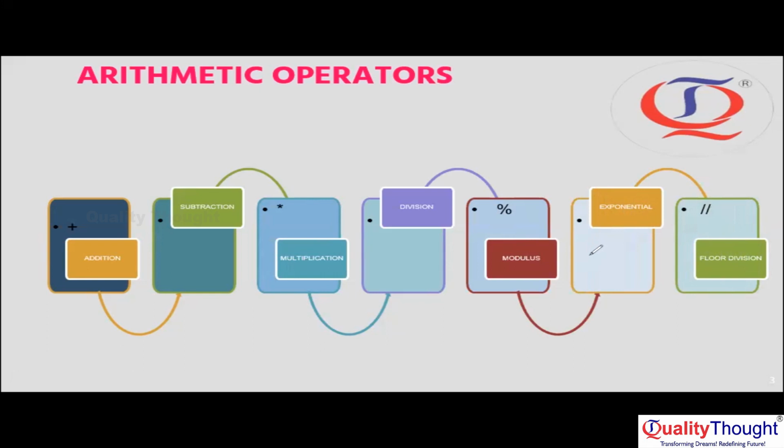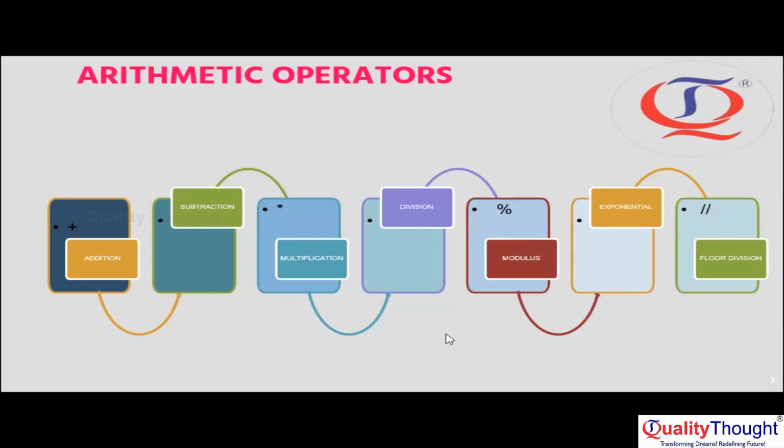The exponential operator will be a pair of asterisk symbols. Then division is the forward slash, and this is subtraction. These are the operators we have seen. For the rest, I'll show you the difference between the floor division operator and the division operator, though there is a relation between these two operators, and I'll show you the purpose of the exponential operator also with hands-on knowledge.